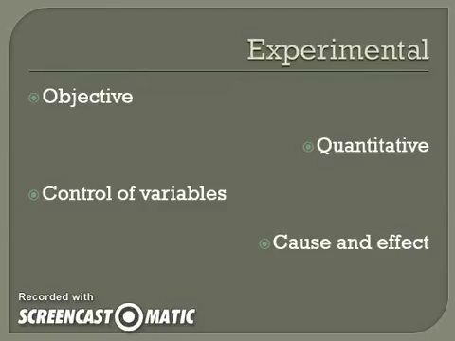Experimental research is a quantitative study, as well as being an objective form of research, which means it has more validity and less bias due to the results being factual rather than opinion-based. The control of variables is key, as many different ones can obscure results if they aren't controlled, which would lead to the results being unreliable.